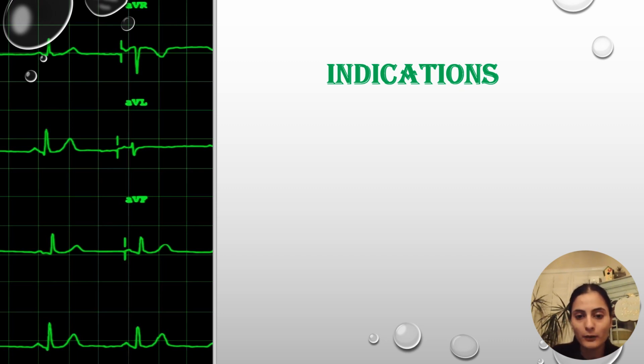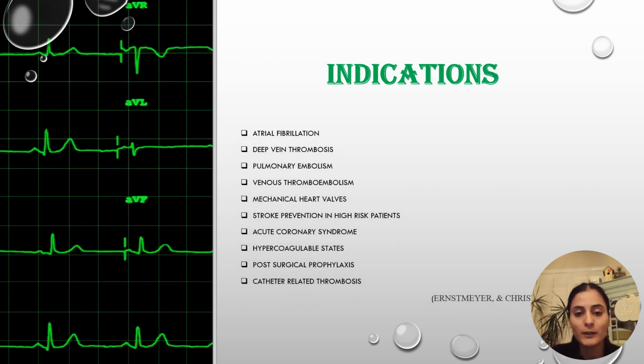Physicians prescribe anticoagulants to patients for conditions such as atrial fibrillation, deep vein thrombosis, pulmonary embolism, venous thromboembolism, mechanical heart valves, stroke prevention in high-risk patients, acute coronary syndrome, hypercoagulable states, post-surgical prophylaxis, and catheter-related thrombosis. In all conditions, the anticoagulants work by preventing the blood clot, or by preventing platelet aggregation, which could be a risk for blood clotting.